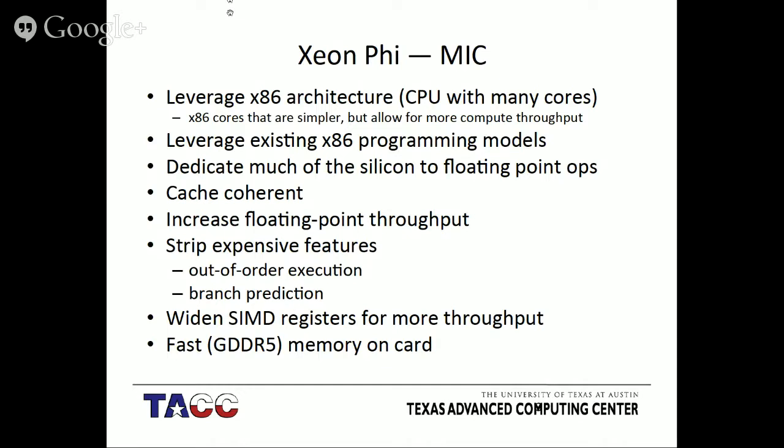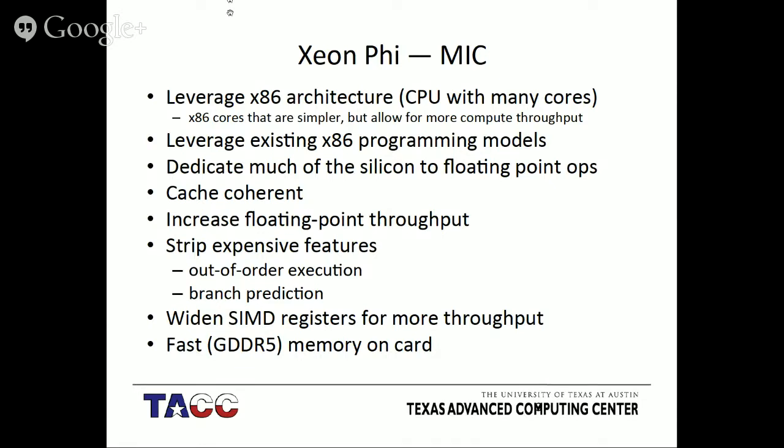Increased floating point throughput, and some features that are expensive in terms of energy consumption on the chip have been reduced or stripped. So these are in-order cores, so there's no out-of-order execution, and the branch prediction, for example, is simpler than the branch prediction on the Xeon. And then you have wider SIMD registers.